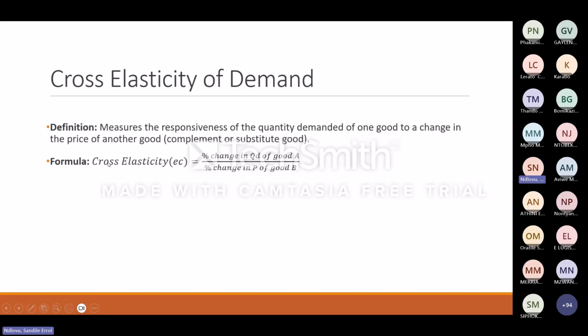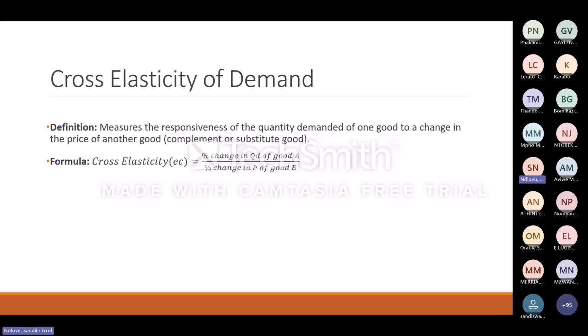So the formula for cross elasticity is the percentage change in the quantity demanded of good A divided by the percentage change in the price of good B. So what this formula tries to explain is what will happen if, let's just talk about complement goods such as coffee and sugar.